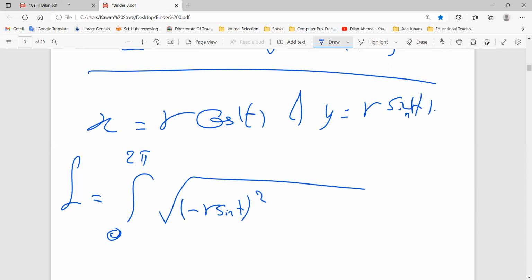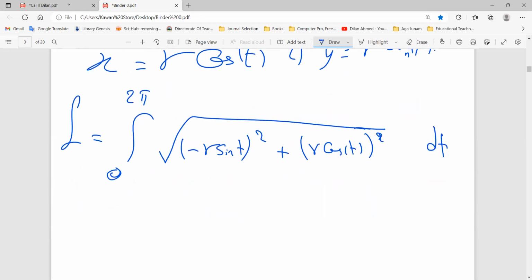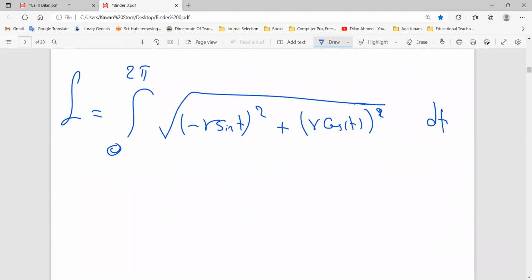But the rule says square. You remember. And how about dy by dt, the derivative of y? R cosine of t. But the rule says square. Now you have what? I have r squared, right? I'm going to get r squared sine squared, am I right? Oh, good.